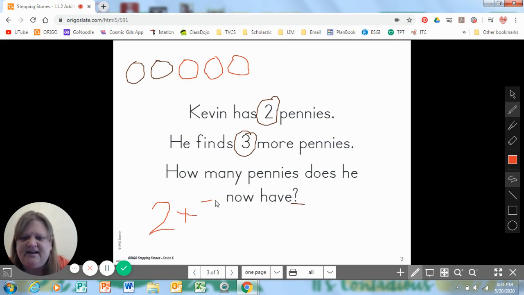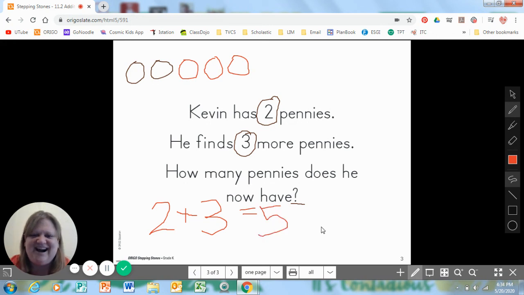And how many did he find? 3. And how many does that equal altogether? We decided on 5. Great job. Let's read that number sentence together. 2 plus 3 equals 5. Very good. Could also say add. 2 add 3 equals 5.